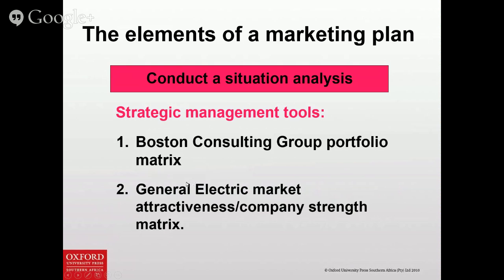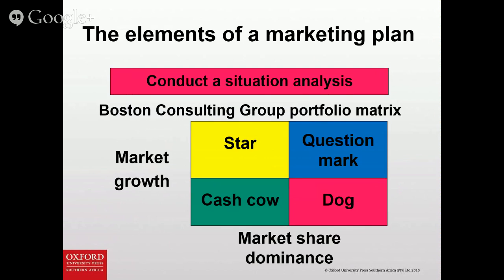Strategic marketing tools. So we will then look at the strategic marketing tools that different businesses use. In your book you have something called the Boston Consulting Group Portfolio Matrix, found on figure 14.2. They plot market growth versus market share dominance.